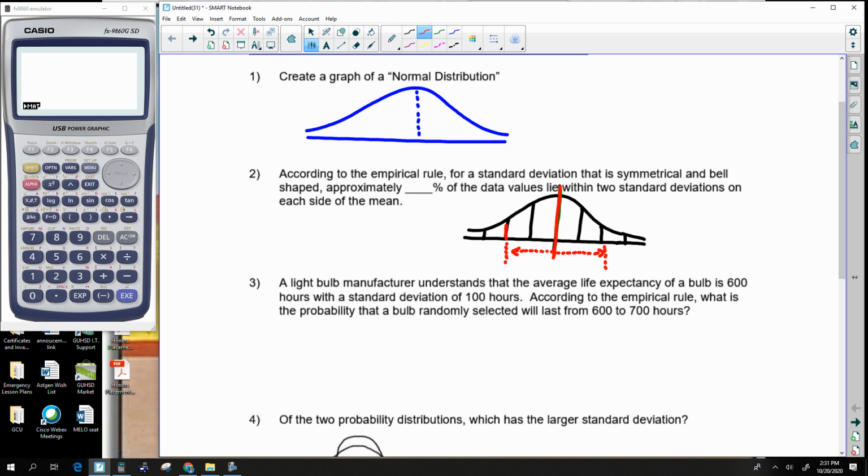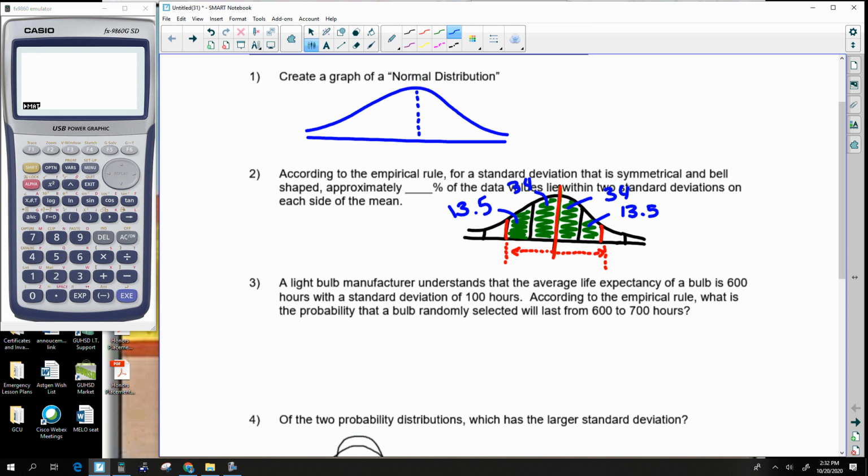So to be within 2 standard deviations on each side, that would involve these 4 sections of the curve. Knowing the empirical rule, this is 13.5, 34, 34, and this one over here is 13.5 as well.